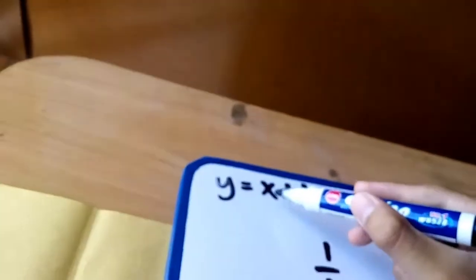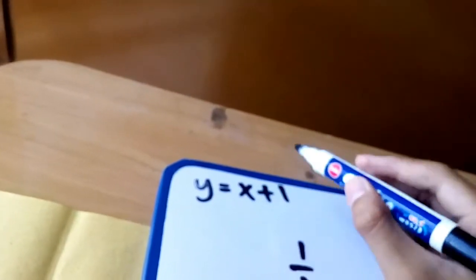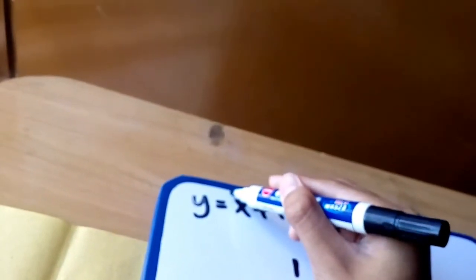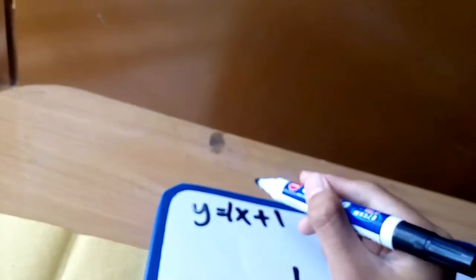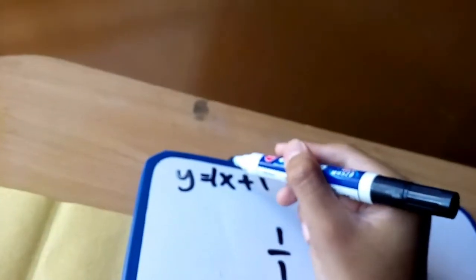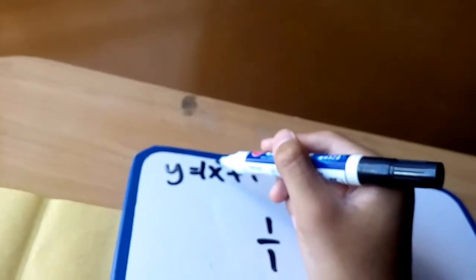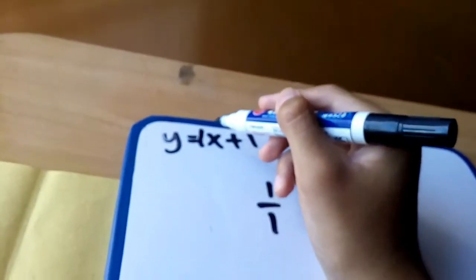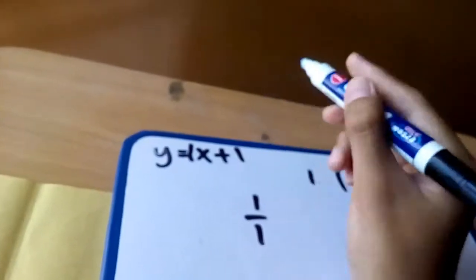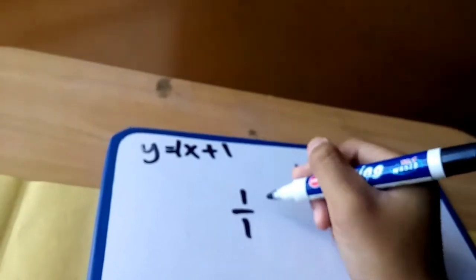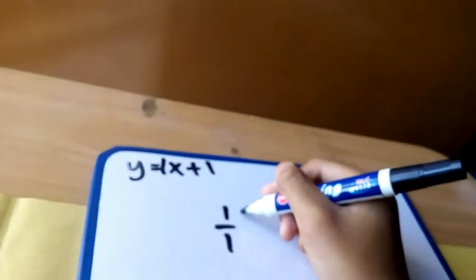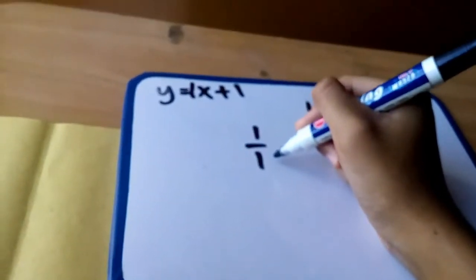Since this is x, there is an invisible 1 beside it. But you can always remove the 1 and x. You can also leave x. So we have to rise 1 time, and we have to run 1 time.